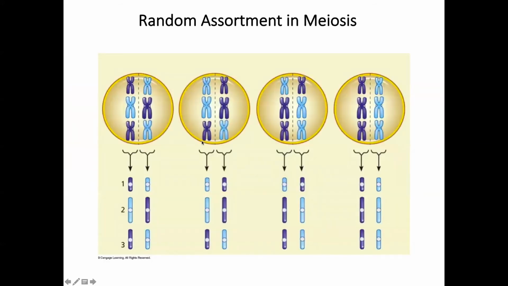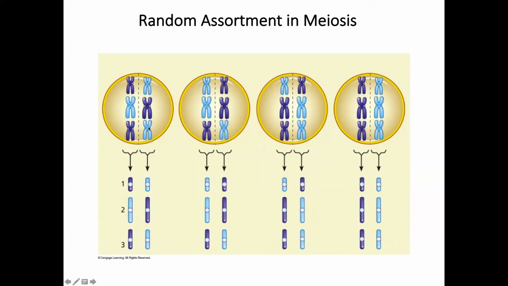Another way of generating genetic variation is called random assortment of chromosomes, meaning distributing the chromosomes into daughter cells randomly. Based on this picture, can you tell when the random assortment happens? Is it in meiosis 1 or meiosis 2? You can pause here to think because this one does not have a label, okay?